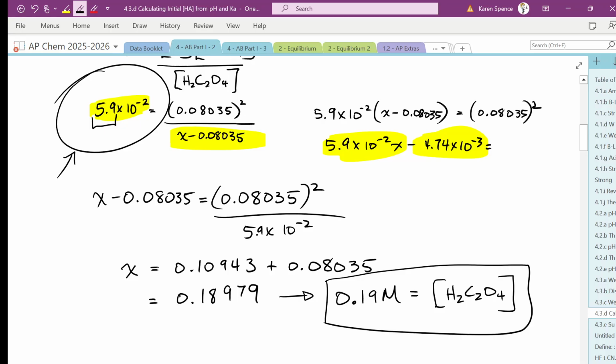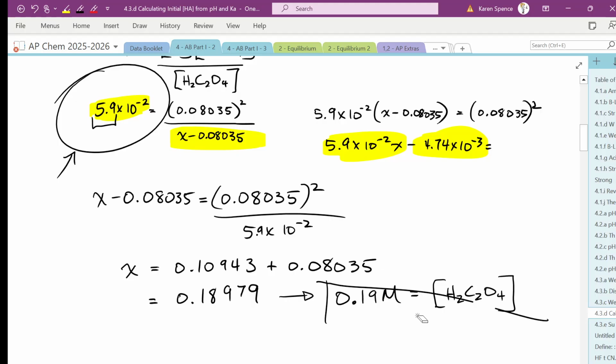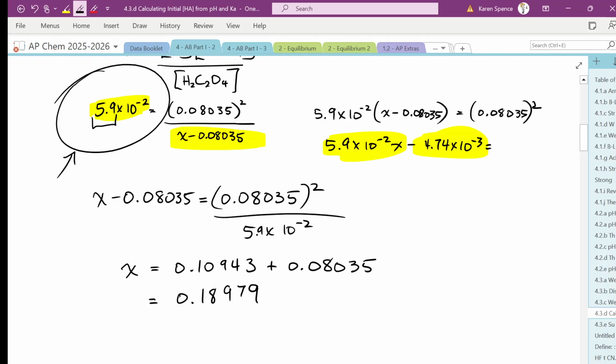Oh yeah! Aren't we looking for the moles? Always go back and look for what the question was asking. Okay, so this would be that molar, that, well, I suppose I don't need to cross that out. I will just, well, maybe I will. Here we go.